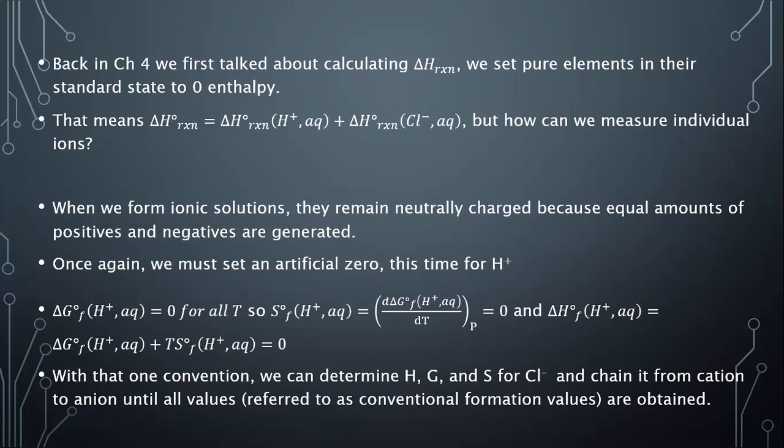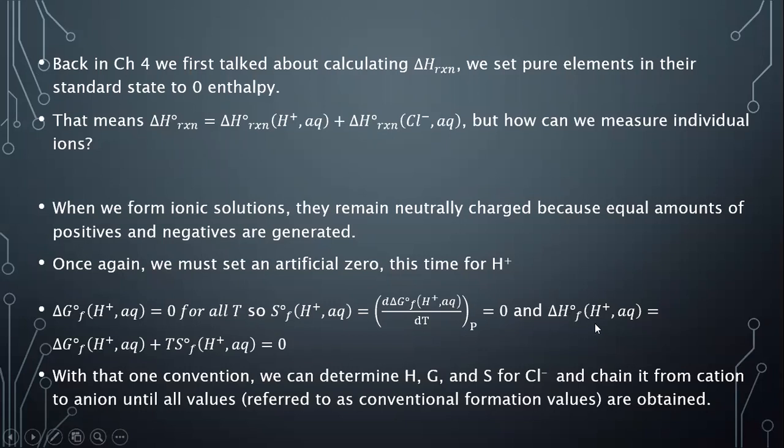So we set delta G for H plus to be 0 for all temperatures. So delta S of formation for H plus is how delta G changes with respect to T at constant pressure, and so that actually becomes 0, because delta G is 0 for all temperatures.